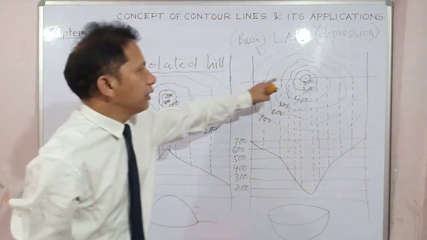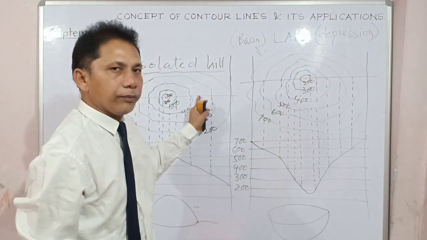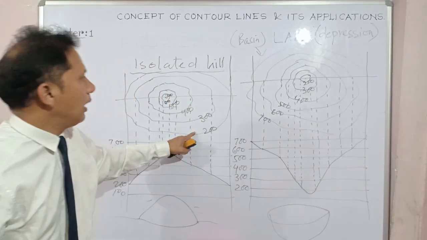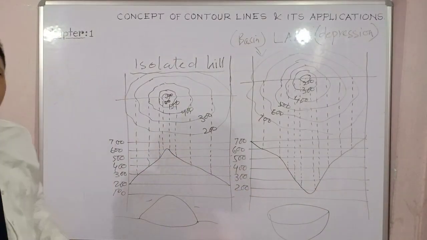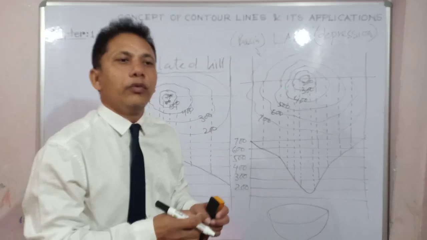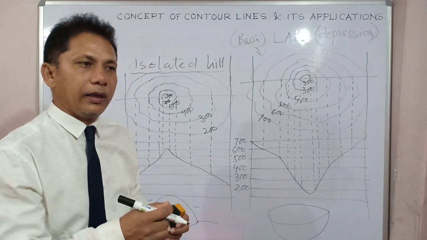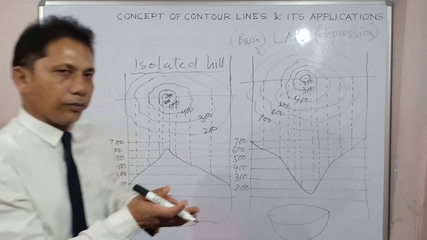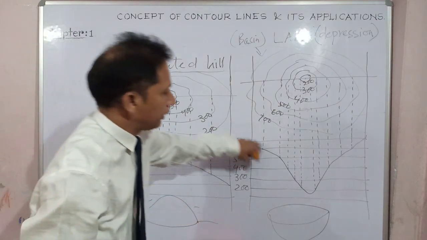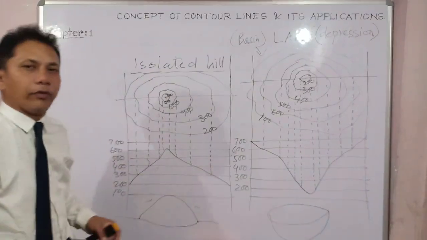The contour patterns are the same, but see, I have changed the value and see the two dramatic changes in the outline of the landform. I got my point. So always go through the value, try to understand, and the spacing of the contours will also help you identify the exact nature of the landform.